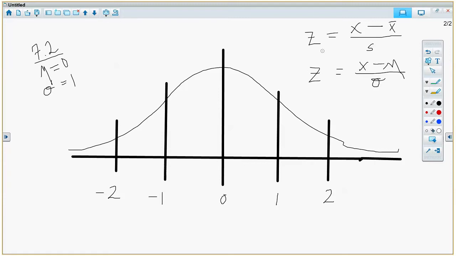That's how you find a z-score. And there's one other equation that you use in this section, and that is x is equal to z sigma plus mu.